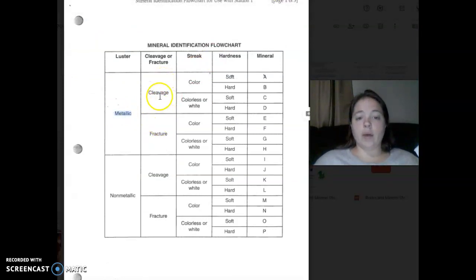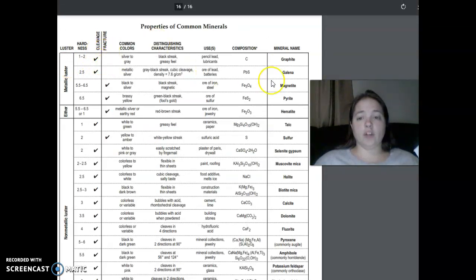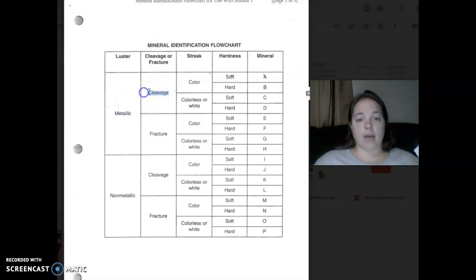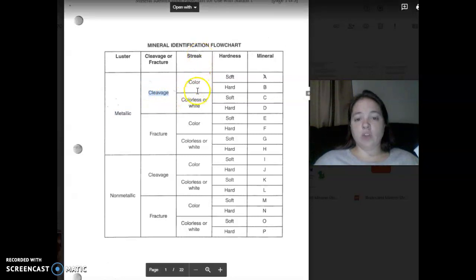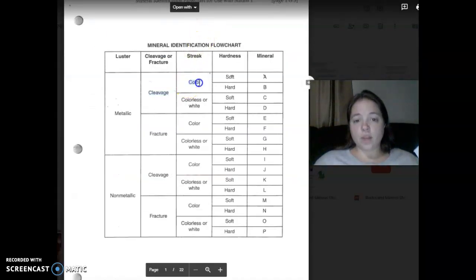Okay, so now I have to choose between cleavage and fracture. Does it cleave or does it fracture? Well, graphite cleaves. So I'm up to this little box right here. Does it have a streak? Is it colorless or does it have a color? Let's see. It's got a black streak, so it's colored. Is it soft or hard?